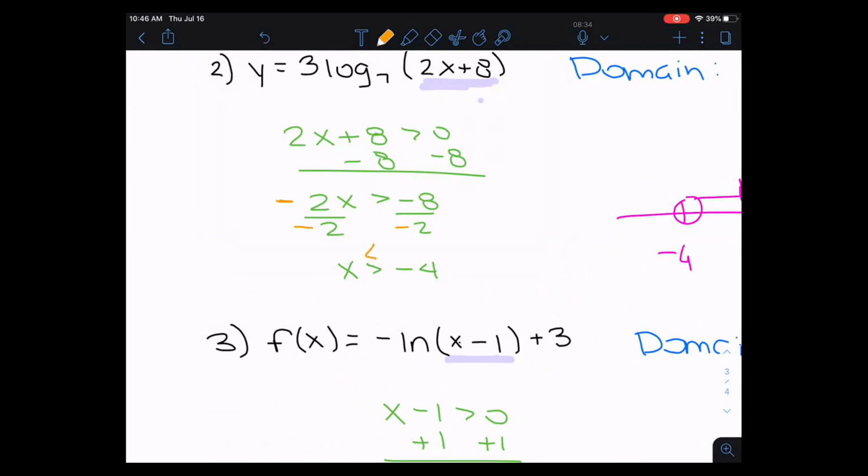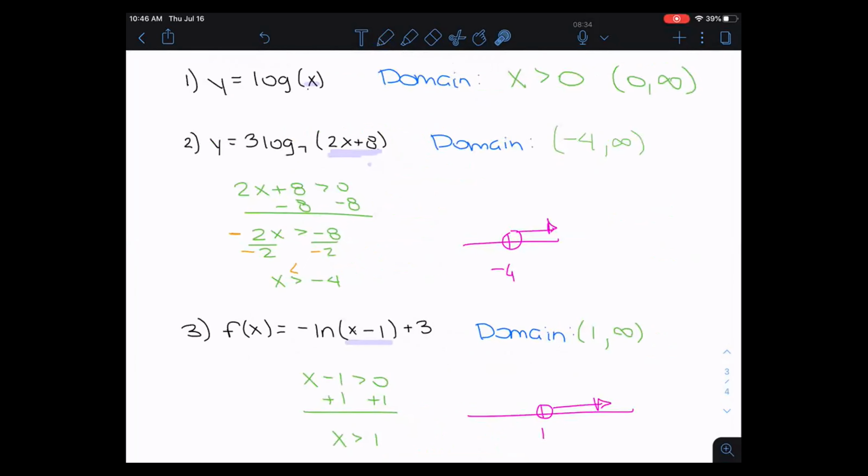So that's when it would flip. If we're dividing by a negative number, that's when it would flip. So it follows the same rules. It's the same thing as if we were solving for the domain of the square root function, except in this case, it's only strictly greater than, no equal to. Any other questions?